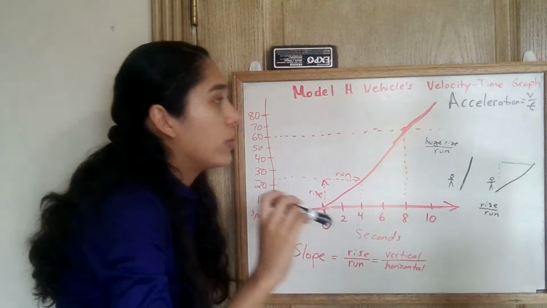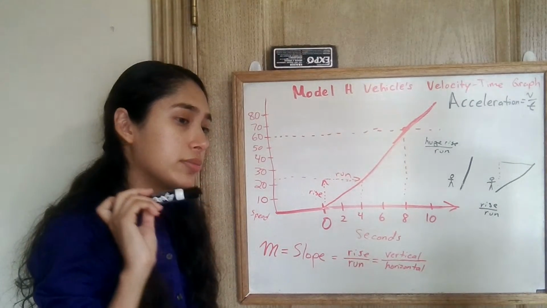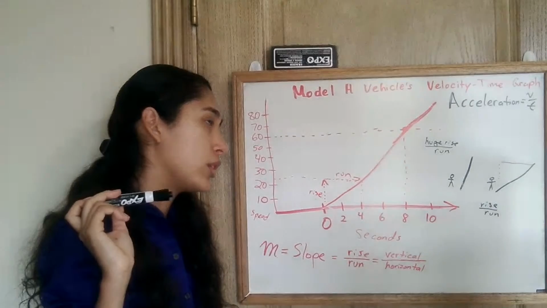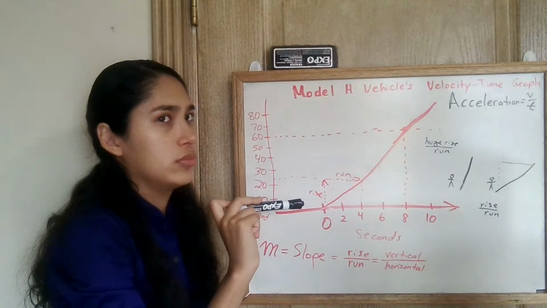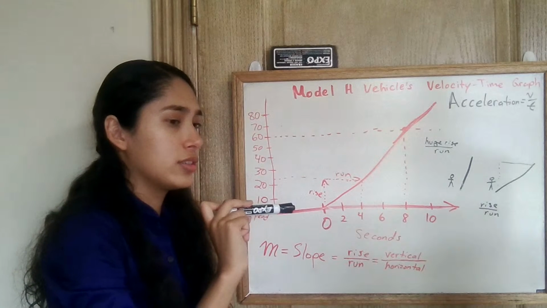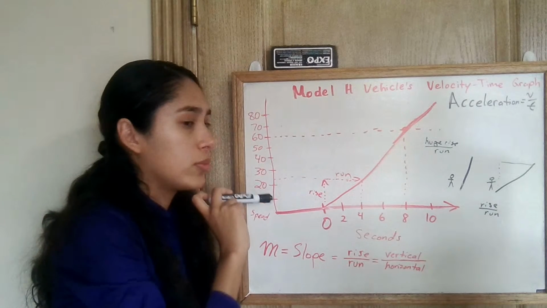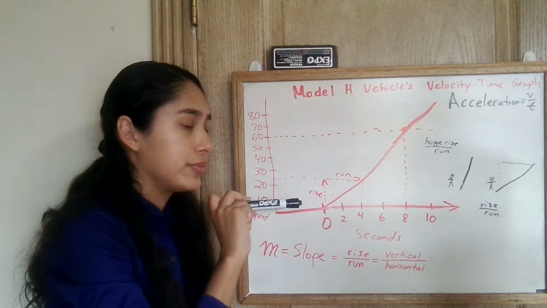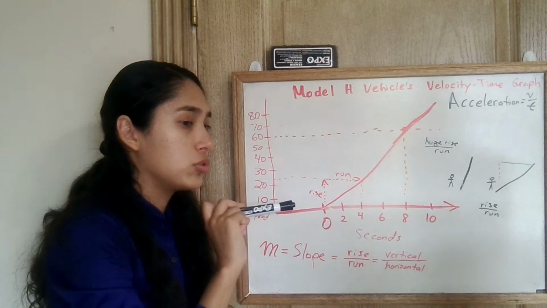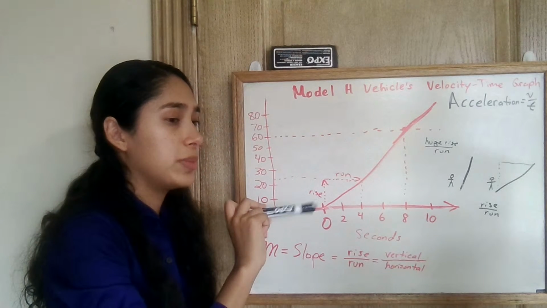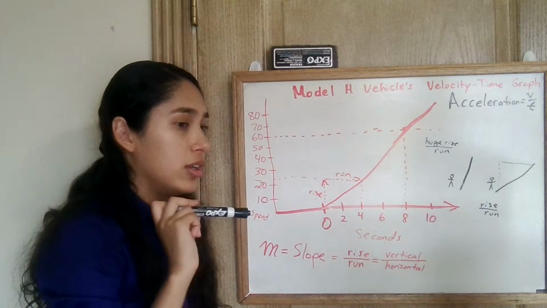So let's say I'm going 30 miles per hour because I'm in the school zone. And it's not school hours. So I'm driving 30 miles per hour. And then the school zone changes, the speed limit changes to 50 miles per hour.